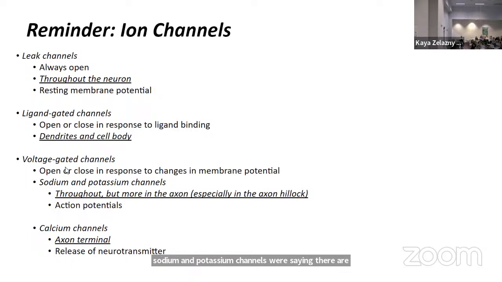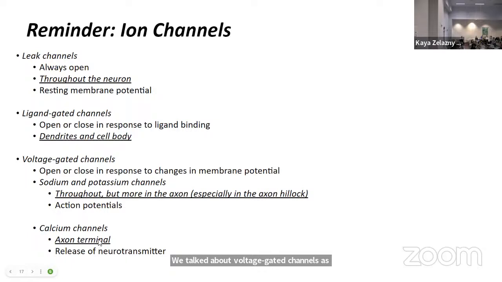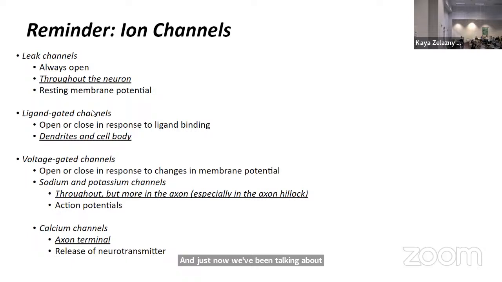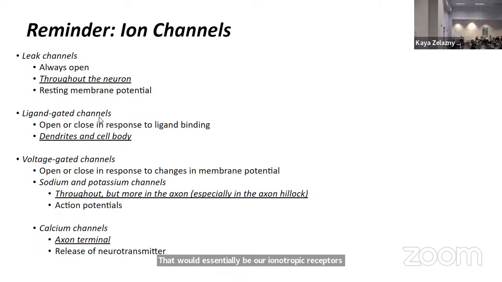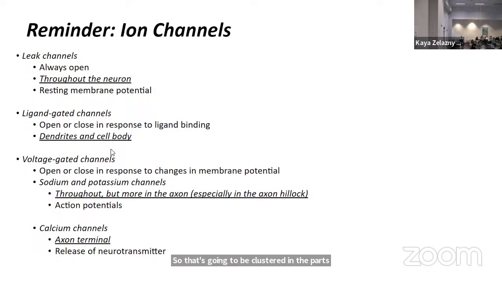We talked about voltage-gated channels as we talked about the action potential, and as we talked about the release of neurotransmitter from the axon terminal. And just now we've been talking about ligand-gated channels. Our ionotropic receptors would be an example of one of those that would open or close in response to a ligand like a neurotransmitter binding onto it. So that's going to be clustered in the parts of our cell that receive signals, so our dendrites and our cell bodies.